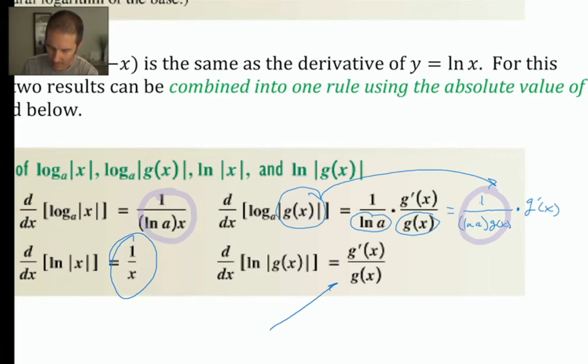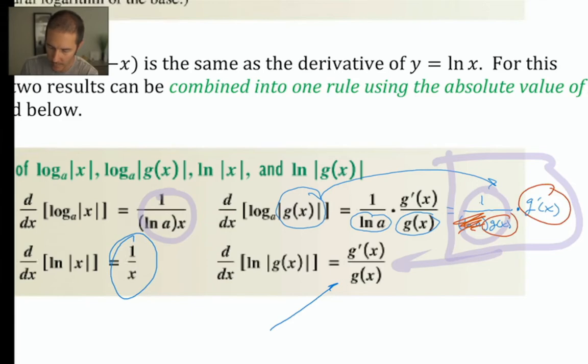Realize, though, it's the same as this. These two are equivalent, except that if we get rid of that multiple of the natural log of e, then you only have one factor in the numerator and one factor in the denominator, and those factors are here: g prime on top, g on the bottom.